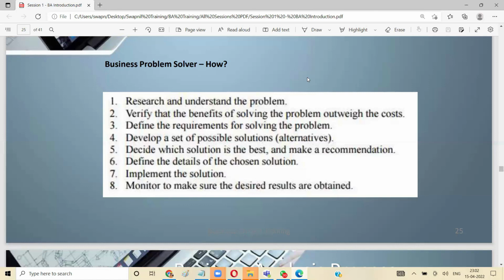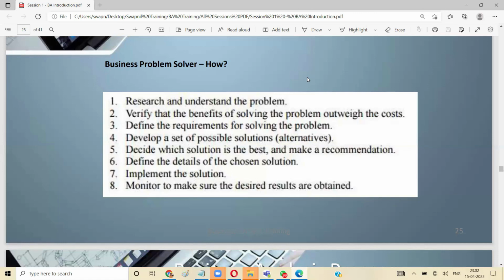Then when you recommend it, and your management has accepted, then you dig deeper and try to get detailed requirements. Once you have the detailed requirements, you will implement the solution. Implementing the solution is not our core job, not the main job. It is done by the developer team.